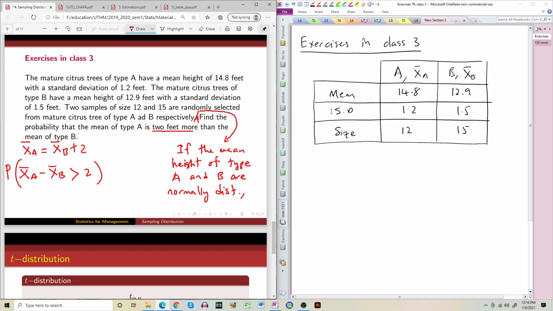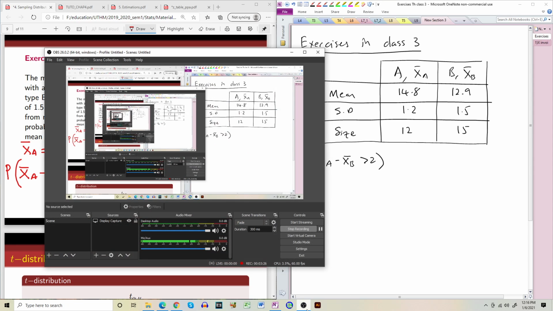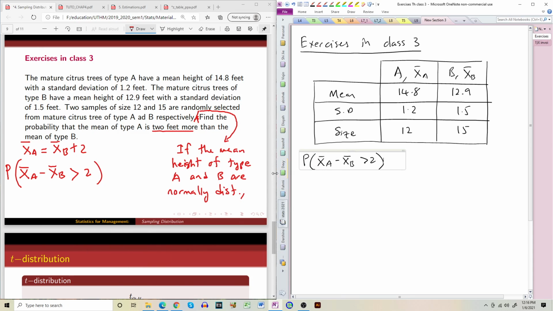Now in this case, if you want to solve this, the starting point should be P, this would be the starting point. The rest of the computation is exactly the same as the previous one.